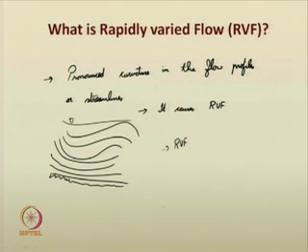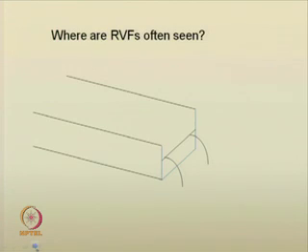You may see that in some places the flow profile gets broken. The water surface may get broken. That is also a type of rapidly varied flow, and we will see what that type is called. Where do you see rapidly varied flow? Here I have drawn a rectangular, maybe sloping, channel, and there is a free overfall of water.